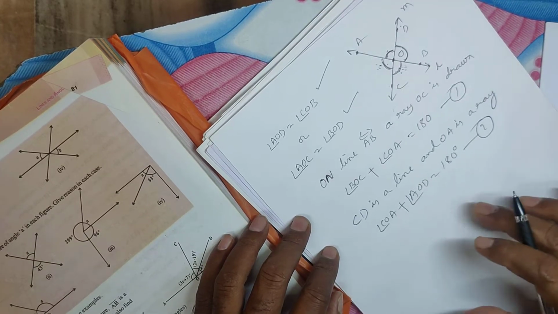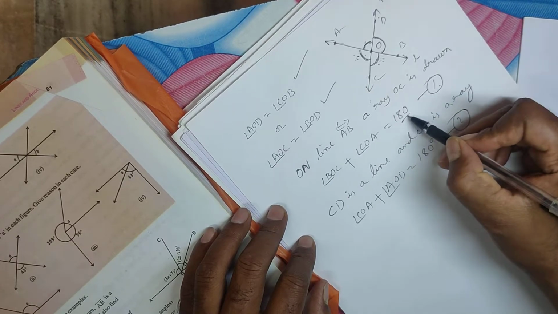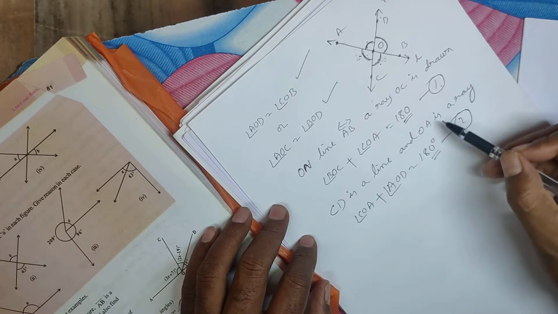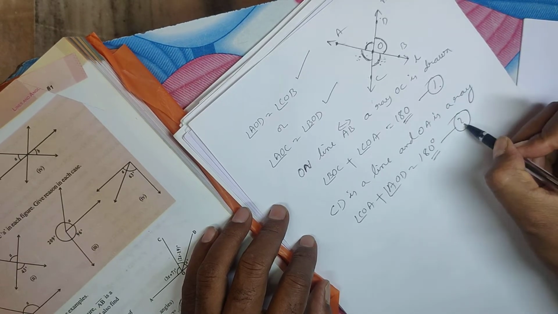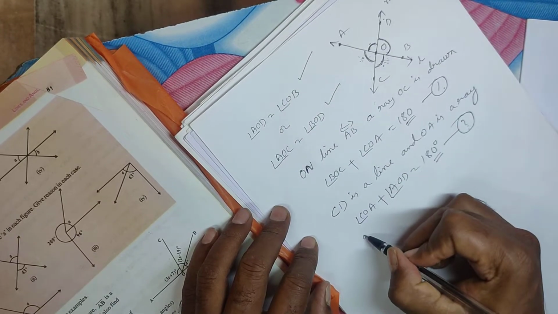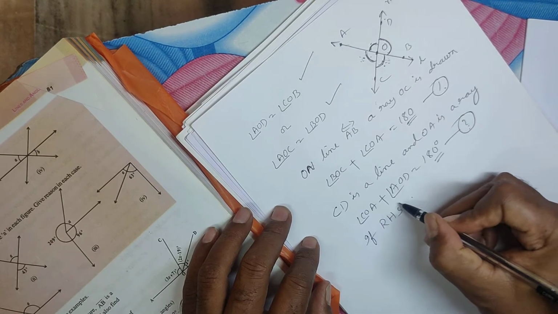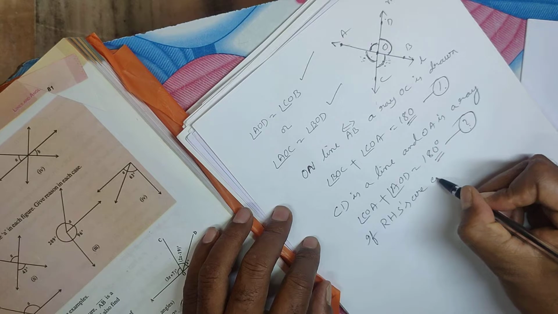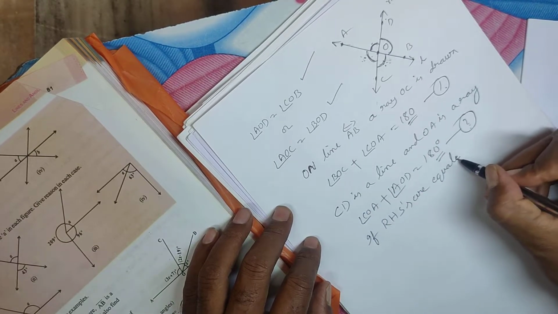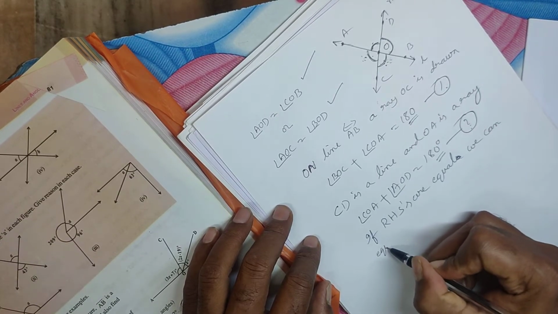This is from the axiom. Now equations 1 and 2: one's RHS is 180, two's RHS is also 180. Since equation 1 and equation 2 have the same RHS, if the RHS are equal, we can equate the LHS.